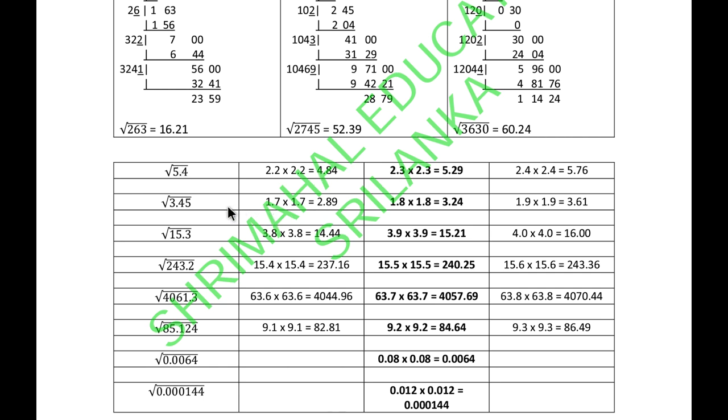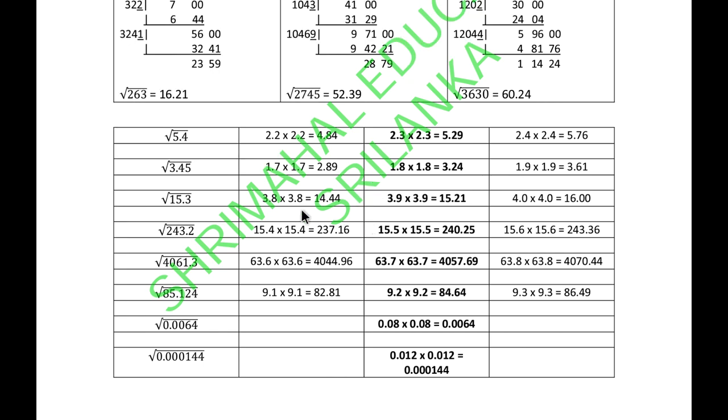Next one, root 3.45. So I'll multiply 1.7 and 1.8 and 1.9. These guessings come under my square number table. So I'm really good at guessing these. Then the answer could be 3.24 is closer, 3.61 is greater. So I'll consider root 3.45 equals 1.8.